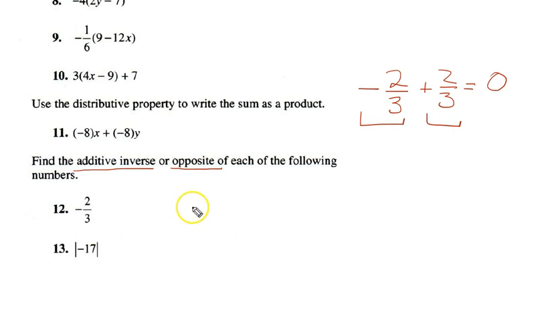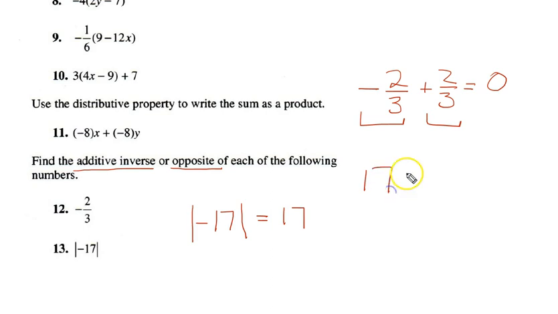Now this one's a little tricky. What would be the opposite of the absolute value of negative 17? The absolute value of this is 17. Now, what would be the opposite of 17?